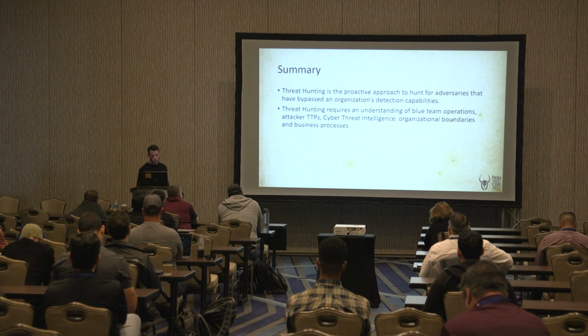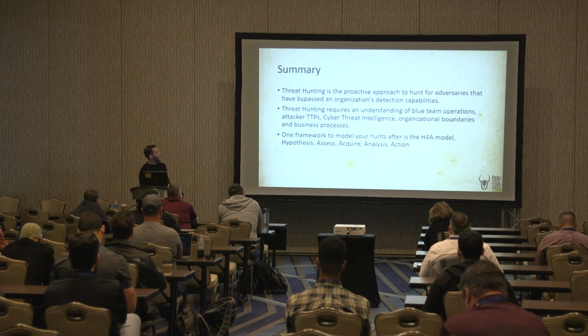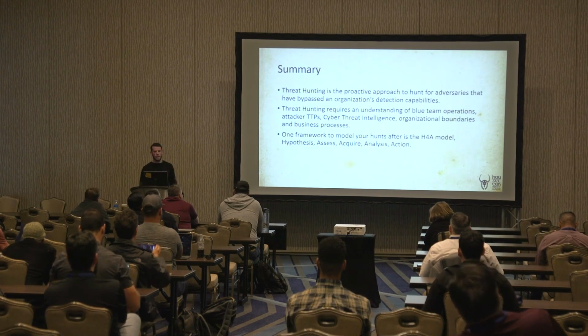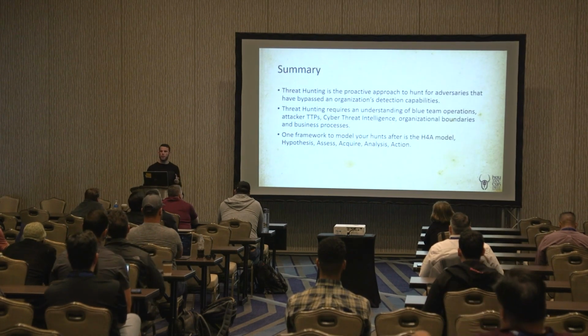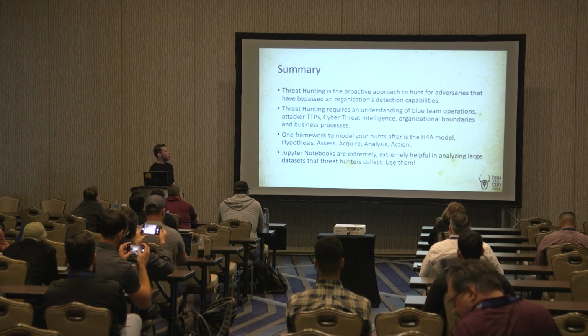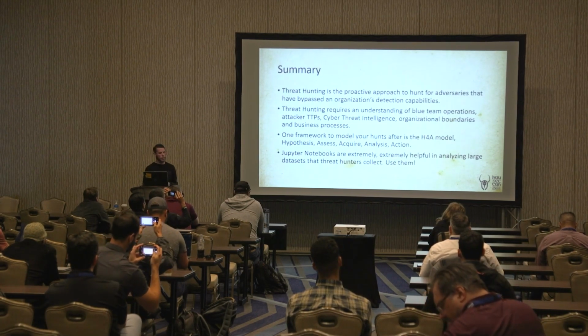So very important. And again, that threat model, H4A: hypothesis, assess, acquire, analysis, action. Very easy steps to follow, and it assures a repeatable, measurable, iterable threat hunt. And lastly, Jupyter Notebooks will help you a lot in analyzing large data sets.